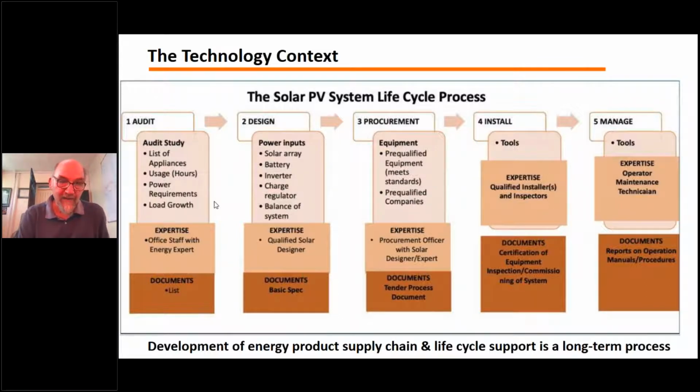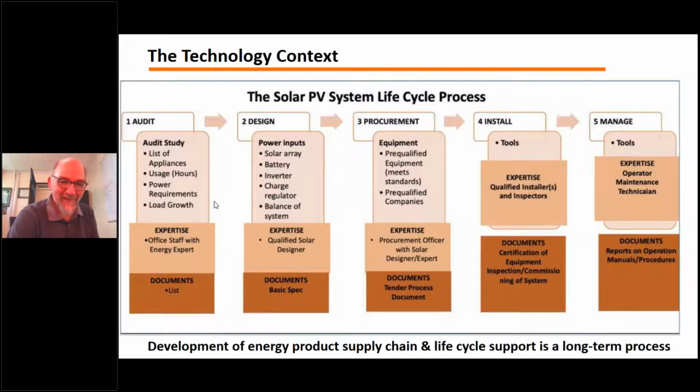The audit study is a list of appliances, usage, power requirements, and planning for load growth. We quite often use data loggers on big sites, but this audit requires expertise. There needs to be an energy expert that actually conducts the audit. This isn't something for a layman to do.